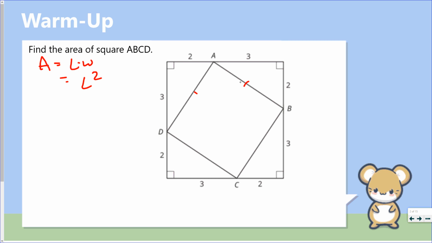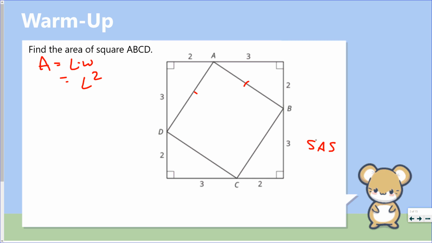Now, how do we know that they're the same length? It's because these four triangles are congruent triangles. How would we know that they're congruent triangles? Well, we have a square. We're being told that these are all right angles. And since we have twos and threes, even without the hypotenuse, we can show that the four triangles are congruent by SAS, the side angle side theorem, if you remember your old geometry.